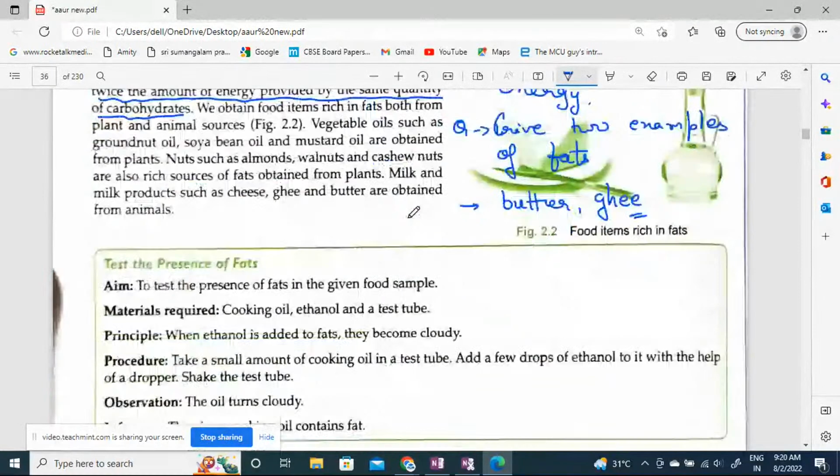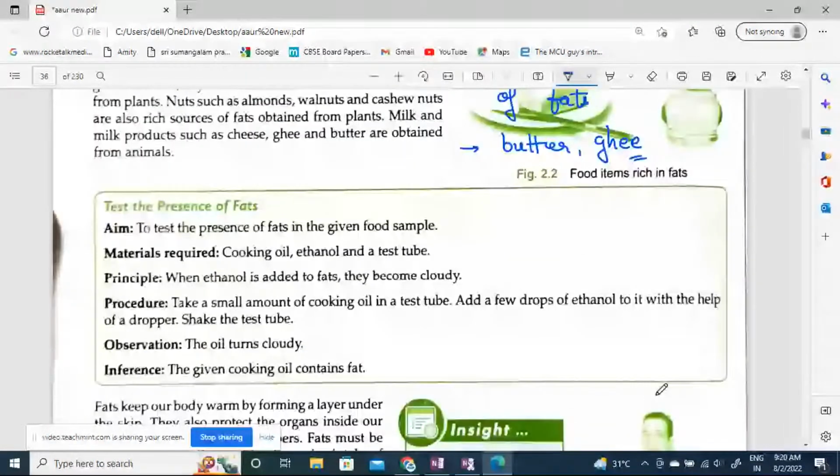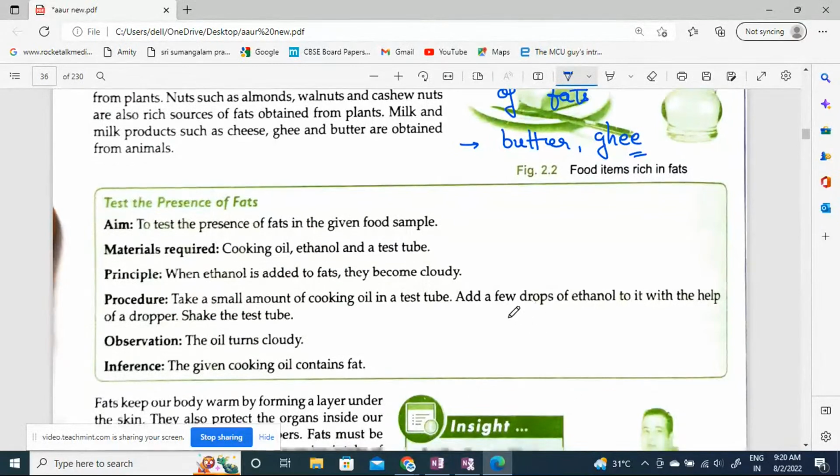Now, how will you test the presence of fats? We use ethanol. Okay, to test the presence of fats, we use ethanol.